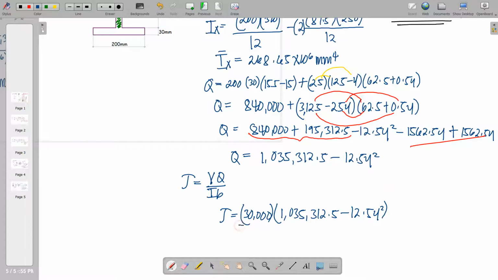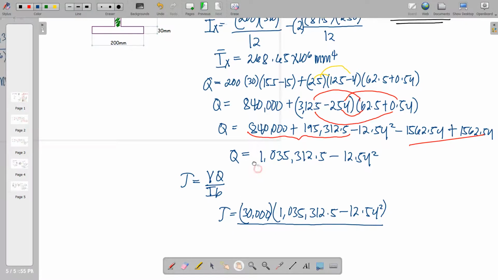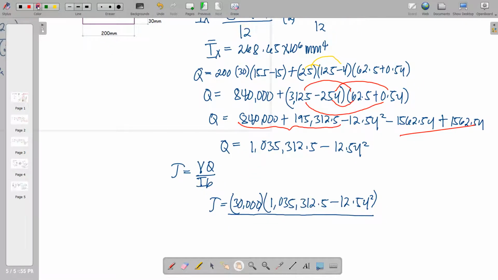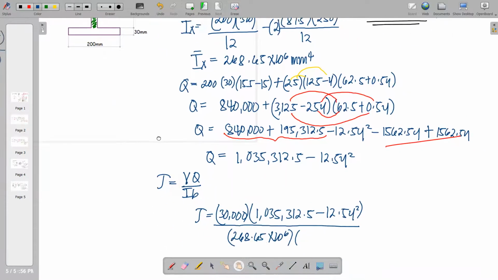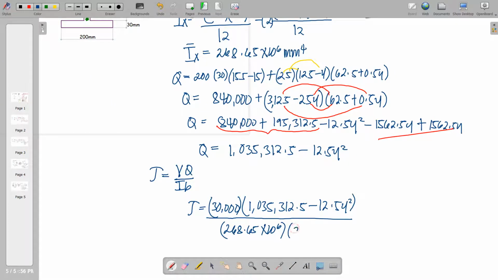So let us divide this by this constant that was computed a while ago, this one, 268.65 times 10 raised to 6, to be multiplied by the width that is equal to 25 millimeters.